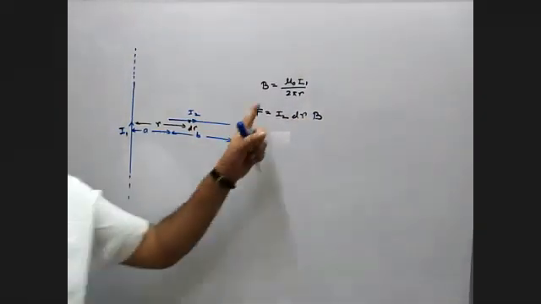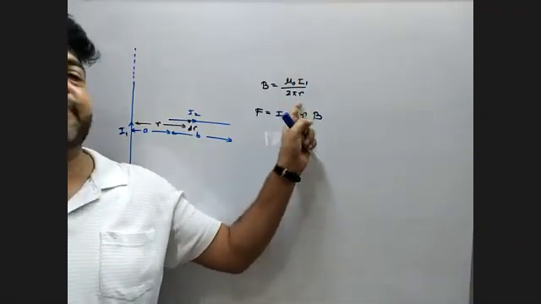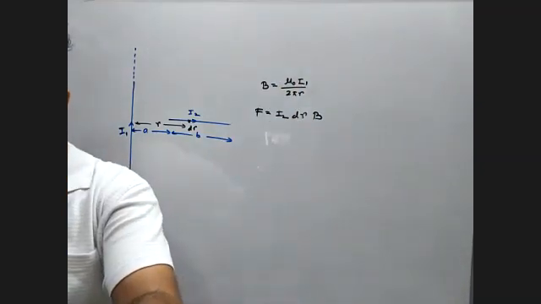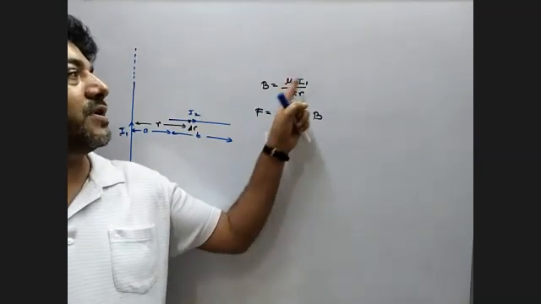Can we write this? The magnetic field is mu naught I1 by 2 pi r.